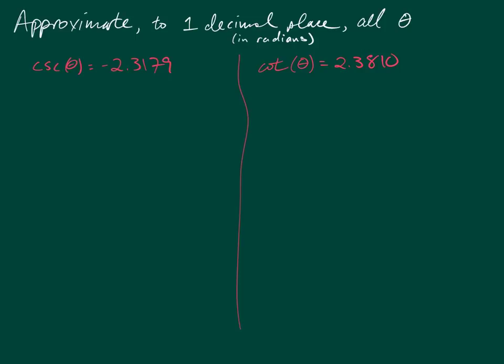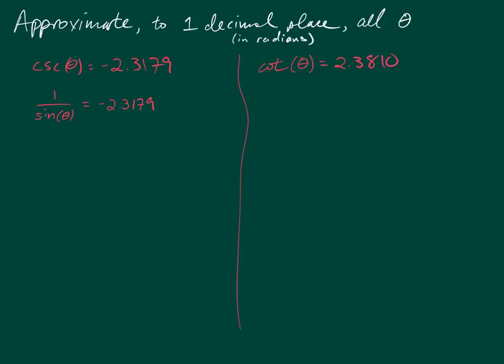On this slide, the last one, you are asked to approximate to 1 decimal place in radians all thetas. So what you'll do here is notice first that this is not a sine, cosine, or tangent, and neither is this. So what we'll have to do instead is first rewrite the left side of this equation. So cosecant is 1 over sine, and this equals -2.3179.